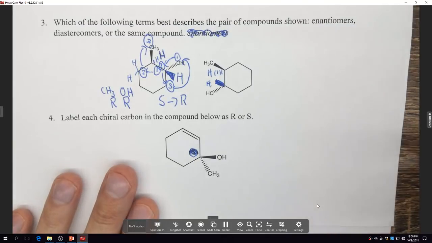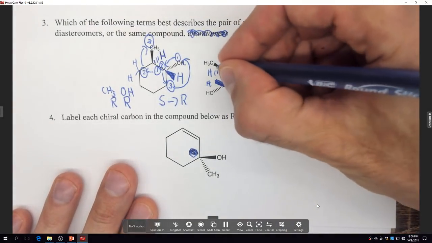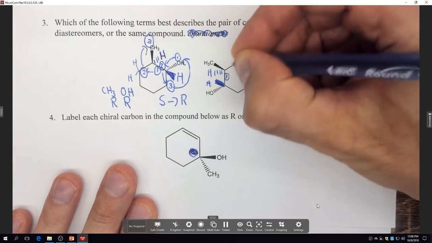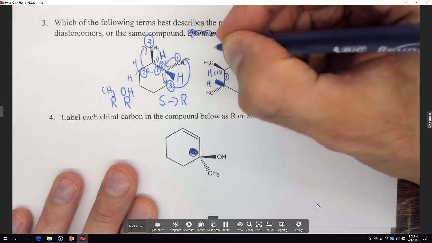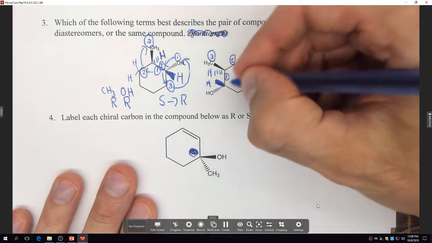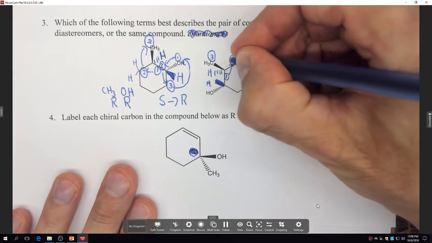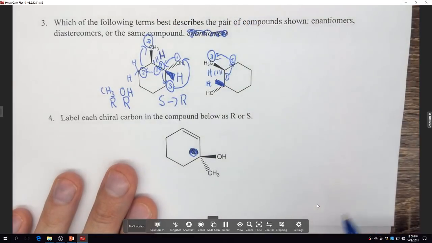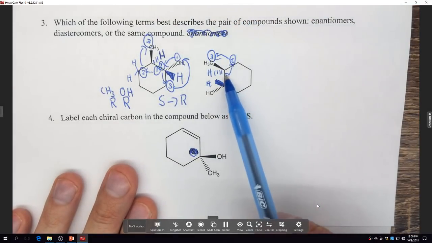Now, we've already prioritized. It's the same groups, so we're just prioritizing again. With respect to this carbon, this is 1, this is 2, and this is 3. 1 to 2 to 3. Is that R or S?